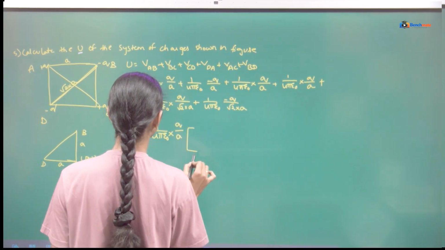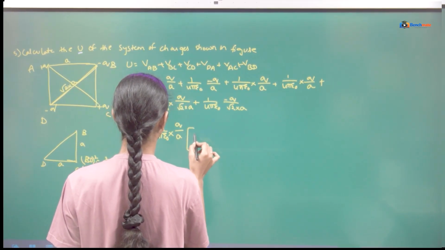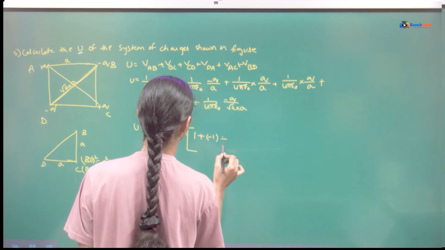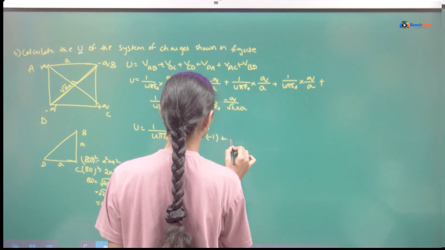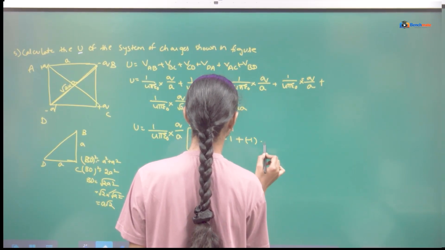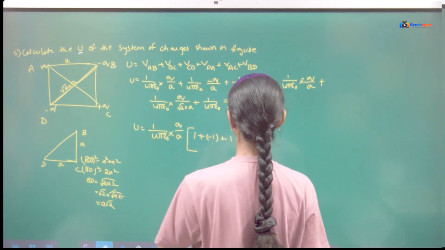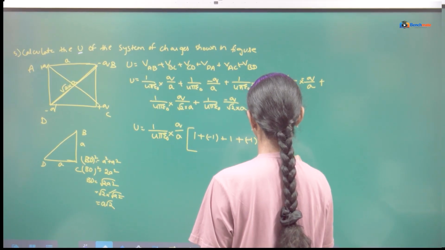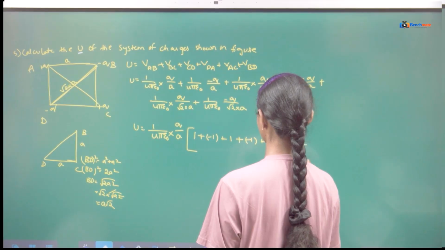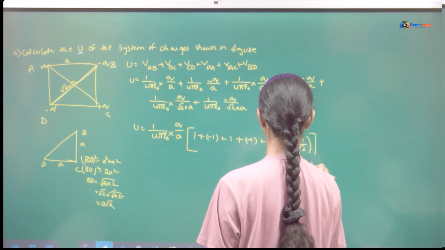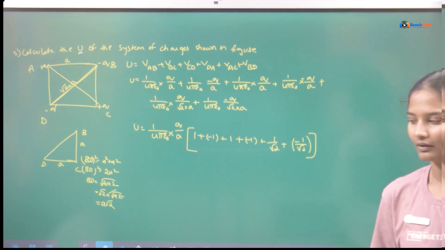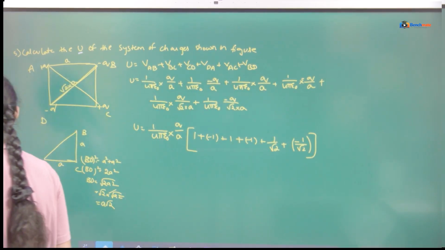So now in the first term nothing is left, just 1, plus in the second term minus 1, plus in the third term 1, in the fourth term minus 1, in the fifth term 1 by root 2, in the sixth term minus 1 by root 2. Clear? So let's calculate from here. Try once to see what answer you are getting.